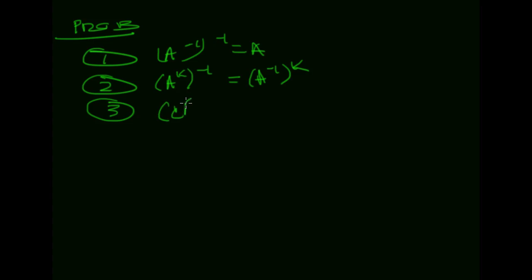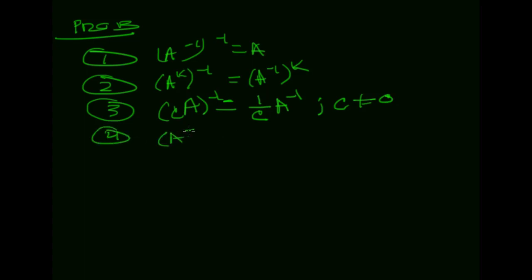Three, if I have a scalar times a matrix and I invert it, then it's 1 over the scalar times the inverse of the matrix. Because it's like, aha, c to the negative 1 is 1 over c, right? That's why that works. Okay, there's an obvious thing that has to be said here: c can't equal 0.